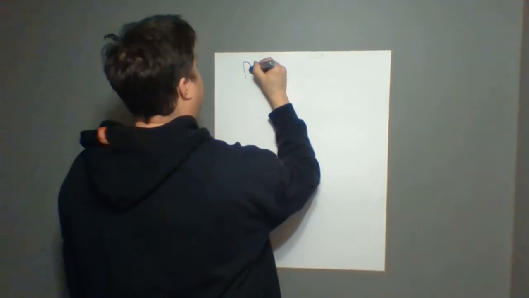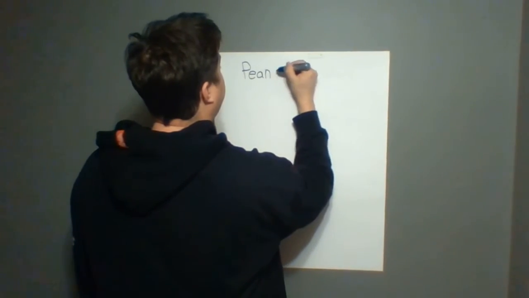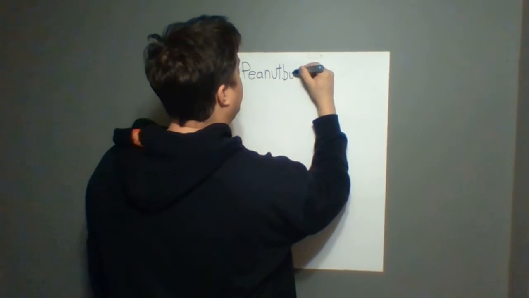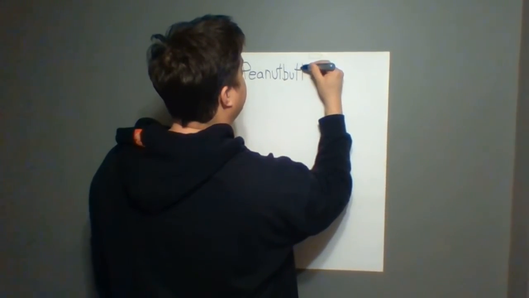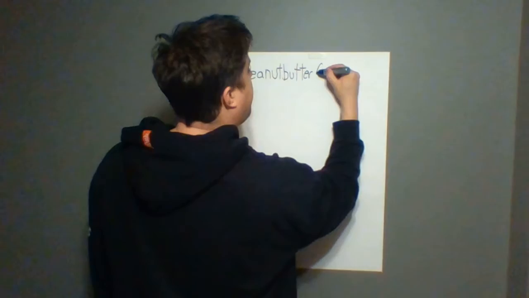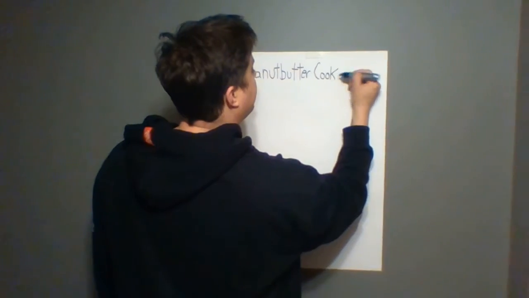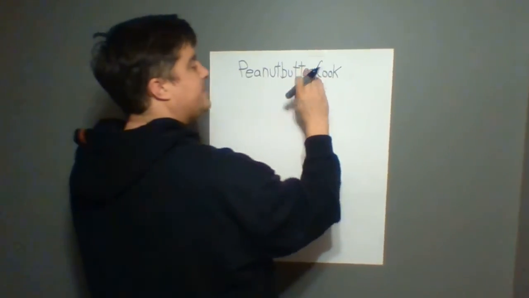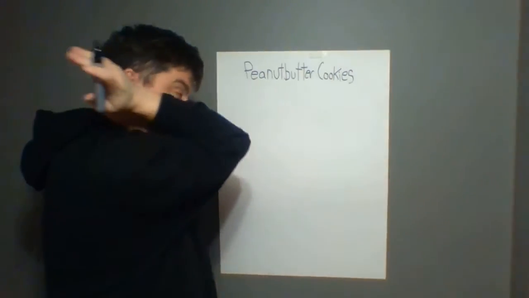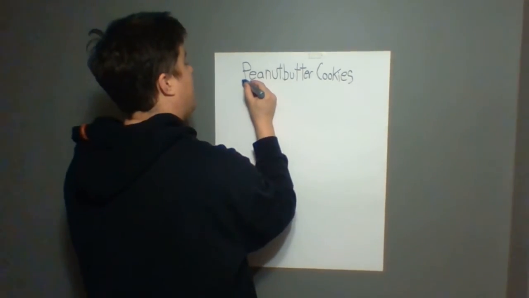So big capital P, E, A, N, U, T, B, U, T, T, E, R, two finger space, then a capital C, O, O, K, I, E, S. Another thing we can do with the title is underline it just to make it more prominent on our page.